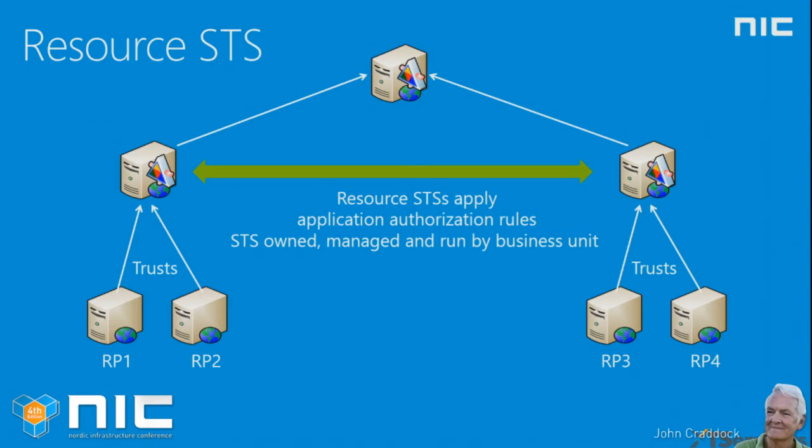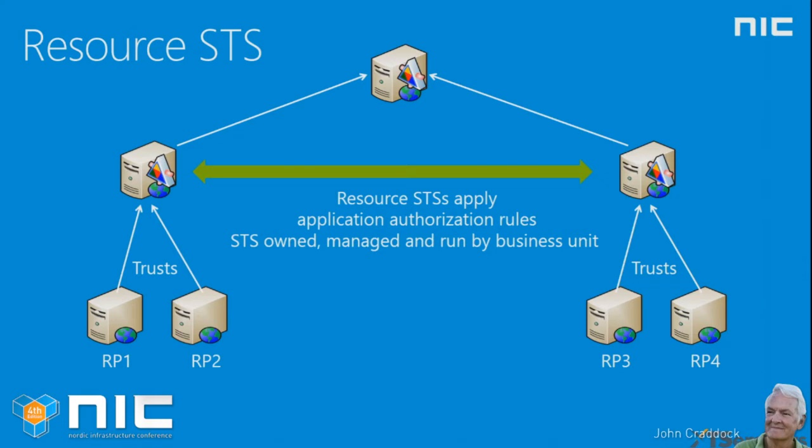Resource STS is a very common scenario we use. If we're thinking about it just in terms of your own organization, you might have an enterprise STS service in your organization, and that's the one that does the authentication against the AD. And then in different parts of the organization, in different business units, we have applications, and those applications are claims aware as well.